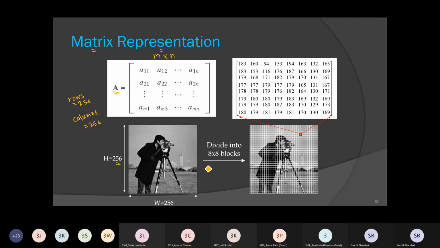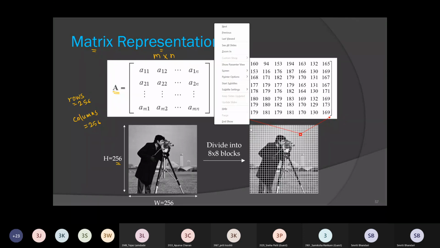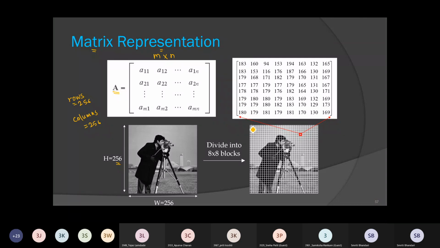Now let us assume that this image is being divided into blocks of size 8 by 8. How many blocks will there be horizontally and vertically? Each small block contains 8 rows and 8 columns.